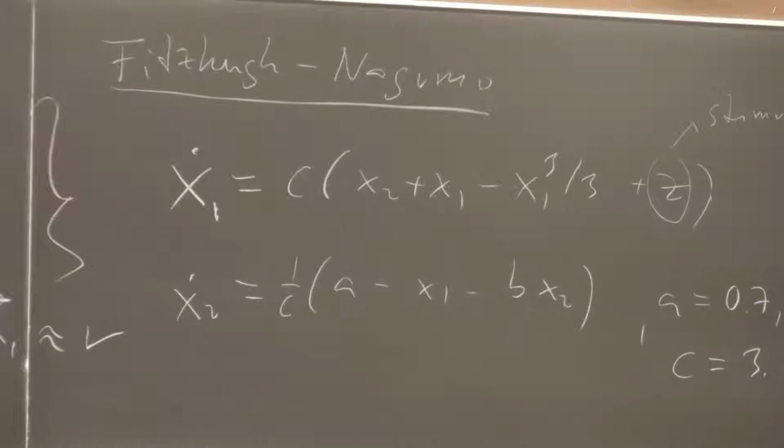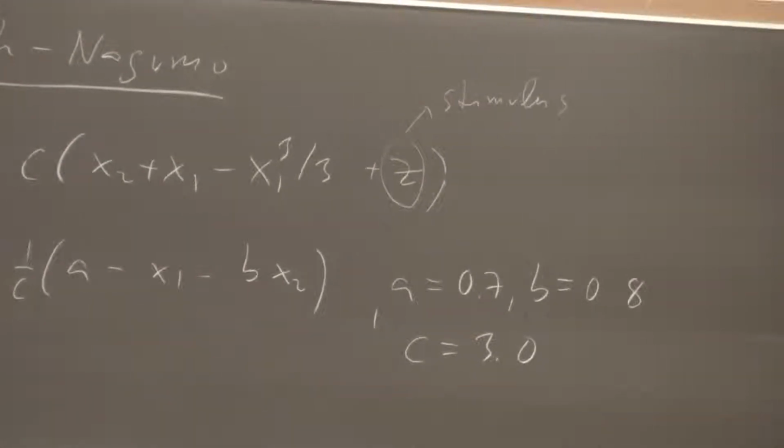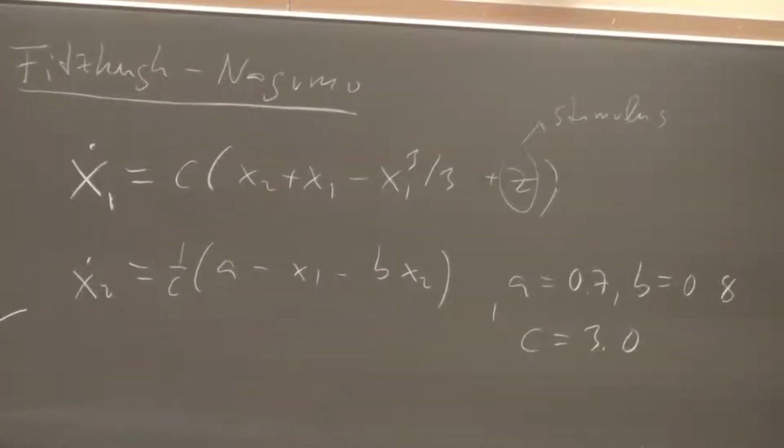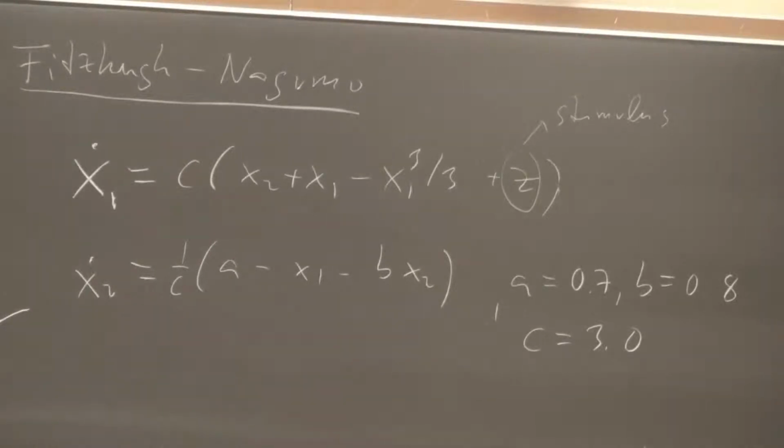We will see what z is doing later. For the moment we just say it's another variable that is important for the characteristic of the system.